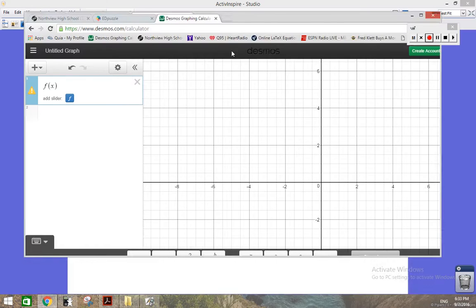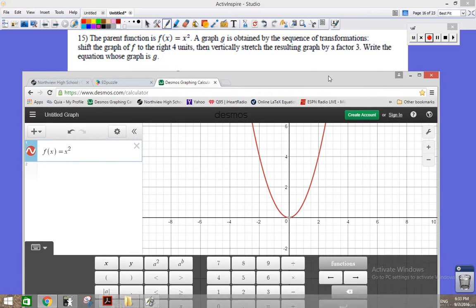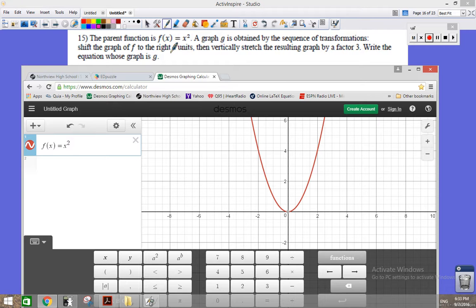So it asked me to start with the parent function of x squared. So there's my parent function. And it said to shift this graph to the right 4 units. So I called that a new function, and I just called it G1. And I knew that shifting it to the right was not to add 4, but to subtract 4 from the domain.